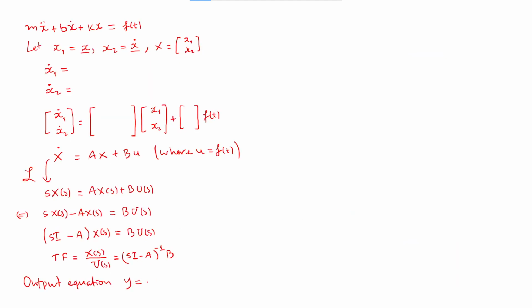You choose the output as h only, which is h1, right? So if it is only h1, it means you have 1 0 times h1 h2, where you call this matrix C.